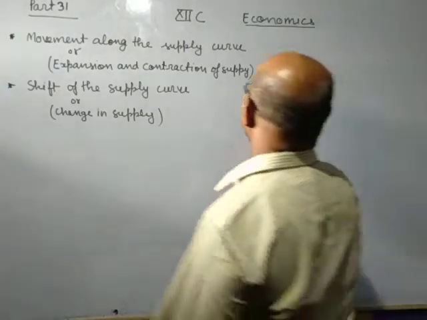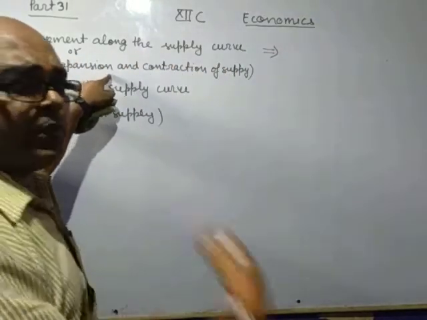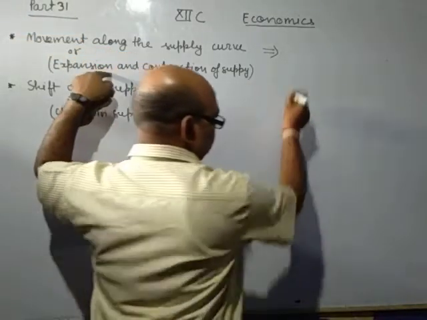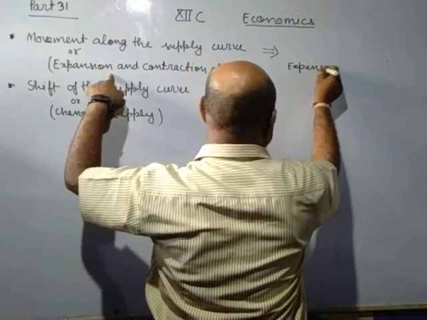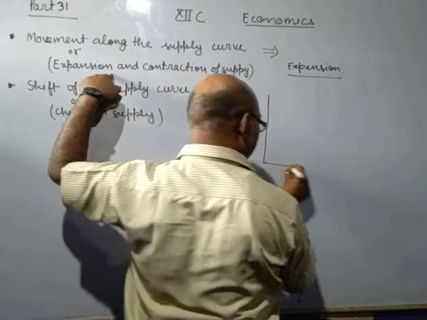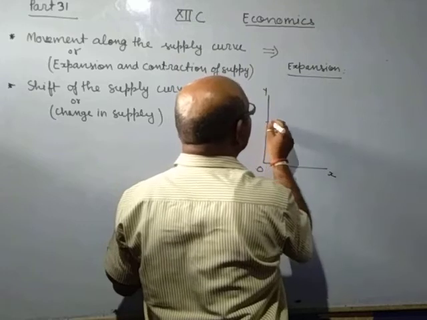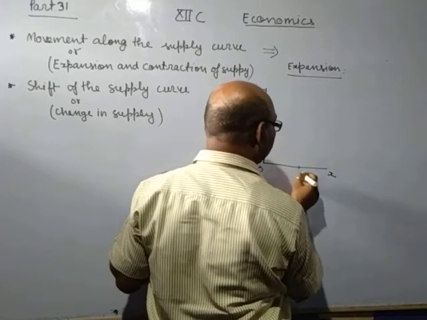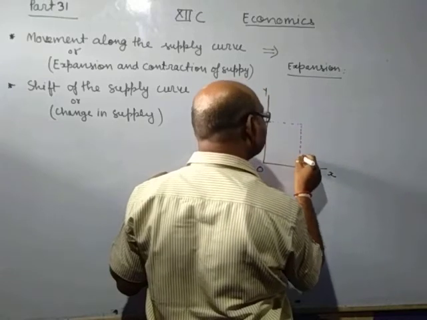Now this is the first case we are seeing in the diagram. Expansion means increase: price increases, supply increases. So the first case is expansion. Suppose this is OX and this is OY. The price is 100 and supply is also 100. So this is the supply point.